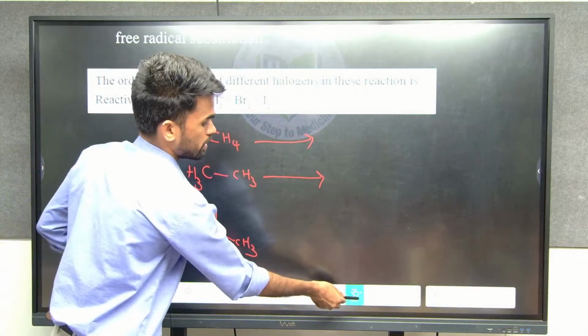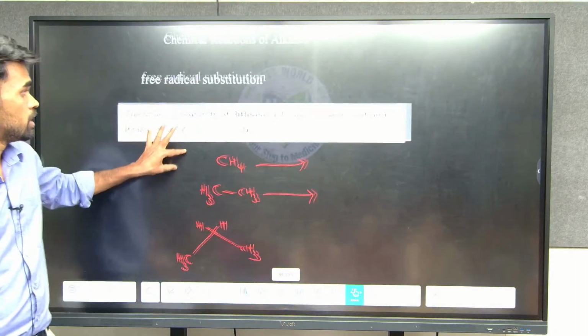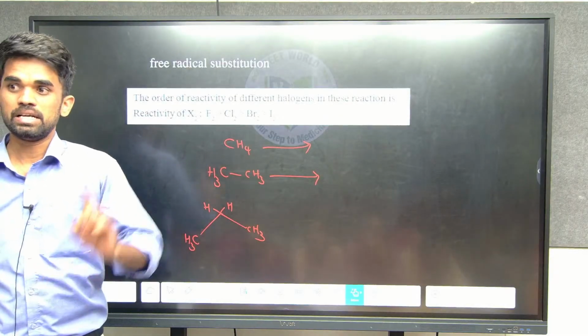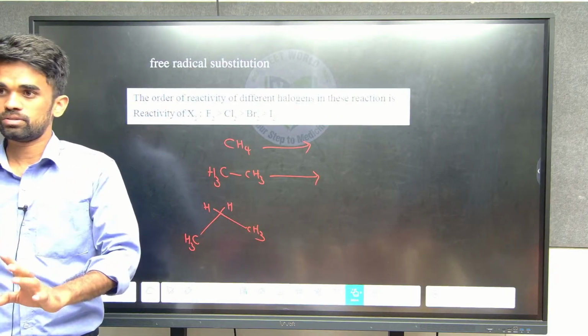Okay, look at this first. Alkanes are also called as paraffins, we studied. Paraffins means they are less reactive, right now?